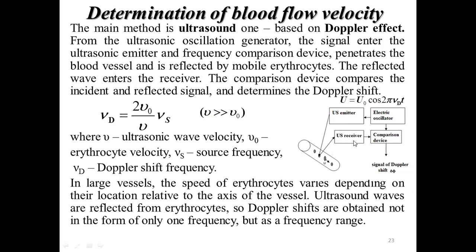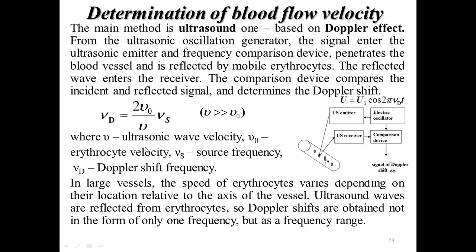The comparison device compares the incident and reflected signals and determines the Doppler shift. For the Doppler frequency, we have such a formula where V is the ultrasonic wave velocity, V0 is our erythrocyte velocity, which is the same as our blood flow velocity, nu is the source frequency of the ultrasound, and nu d is the Doppler shift frequency.